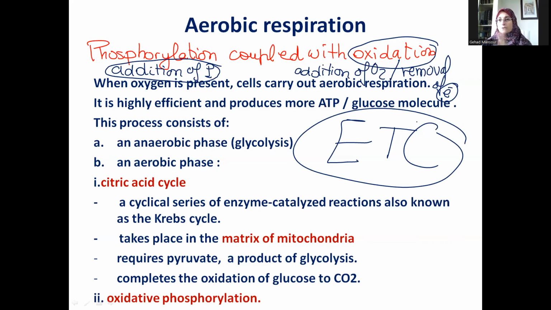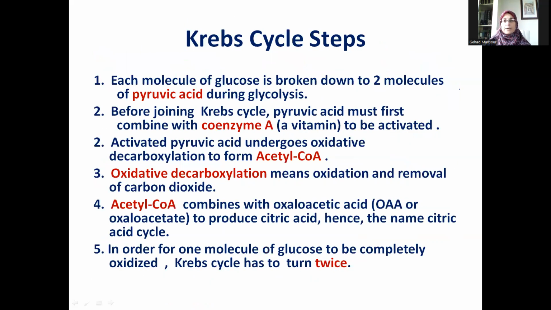So again, oxidative phosphorylation is phosphorylation coupled with oxidation. Phosphorylation is addition of phosphate using enzymes, and oxidation is addition of oxygen or removal of electrons or removal of hydrogen, of course. When you remove hydrogen, you're actually removing electrons.